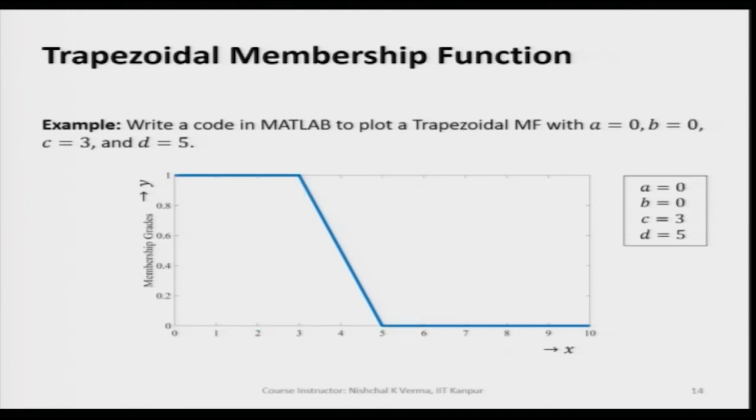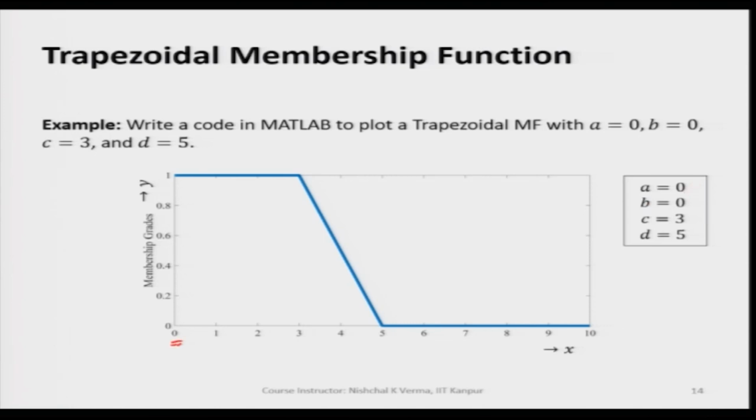Then here we have another kind of plot generated by the trapezoidal membership function. If we keep a equal to 0 and b equal to 0, we see that a and b come at the same point, 0.